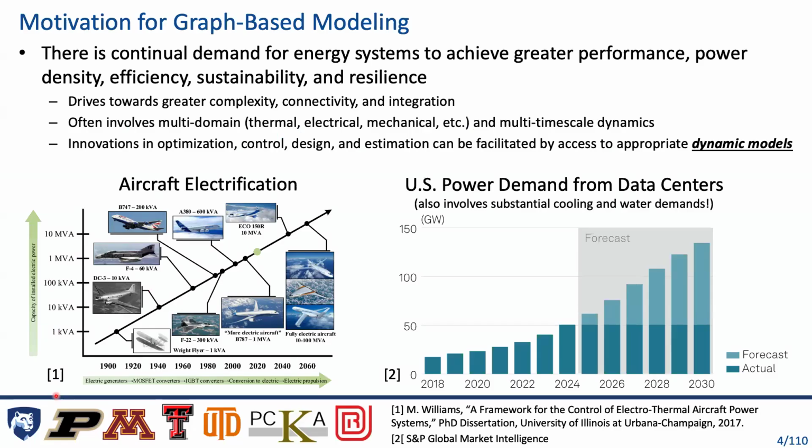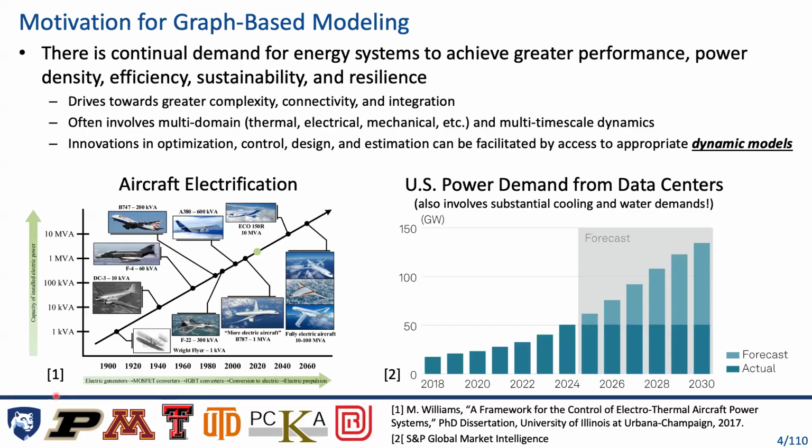And that includes just raw performance, the power they can handle, but also the power and energy density, efficiency, sustainability, resilience, and the needs for these figures of merit really drive us towards having greater complexity, connectivity, and integration. That creates a lot of opportunities for controls that, if you're familiar with the state of controls and optimization in industry, a lot of the things we can offer at this conference are really under-tapped compared to the state of the art in practice.